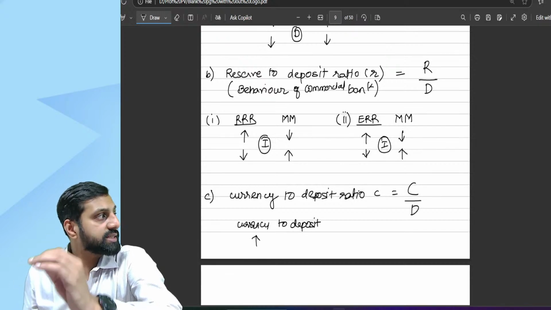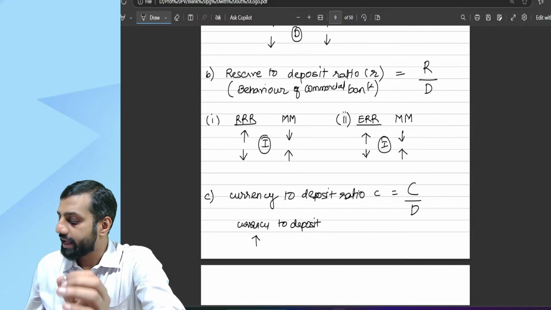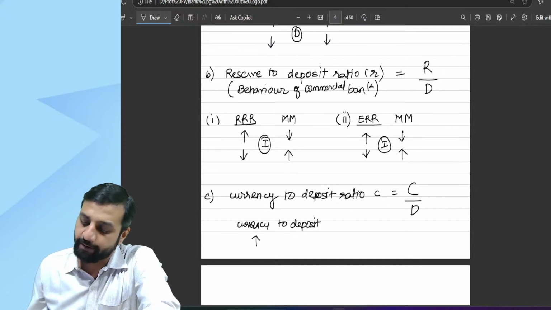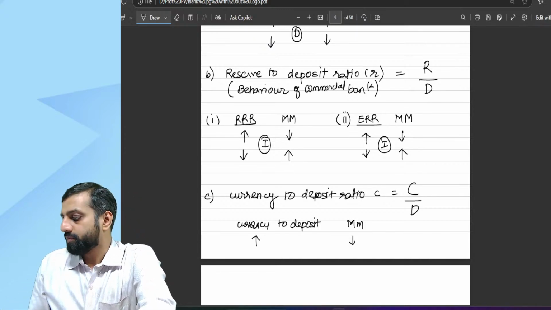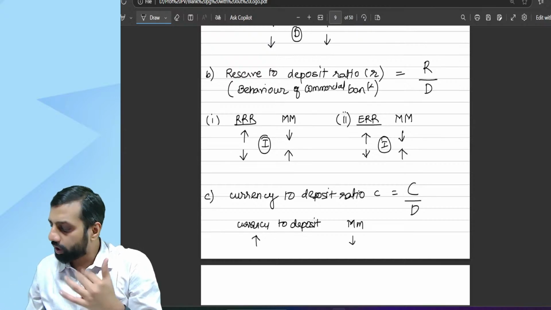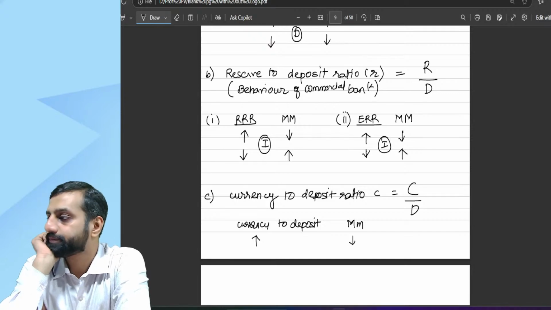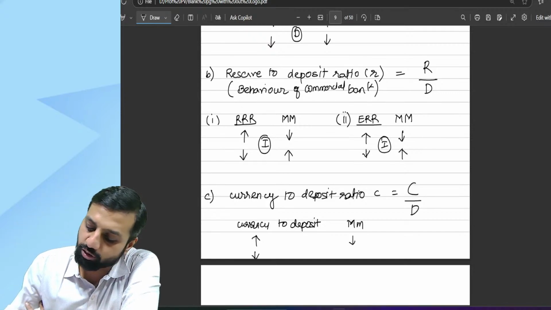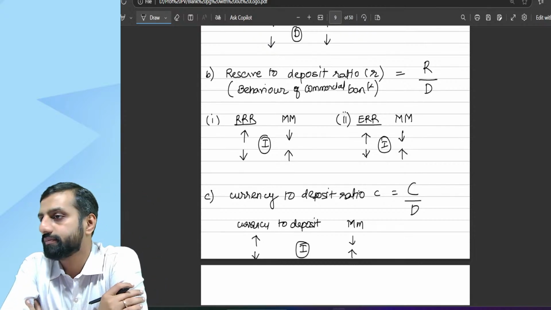If more money is kept by the public in their hands in the form of currency, then the money multiplier will be less, because credit creation will be less, as people are holding this money in the form of currency. And if the currency to deposit ratio is less, then the money multiplier will be more.